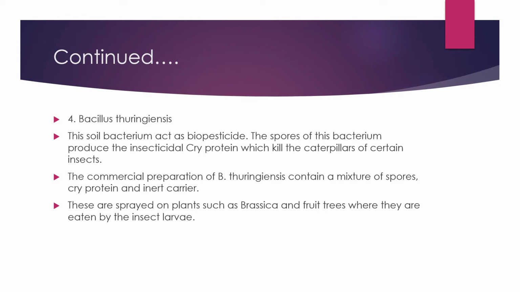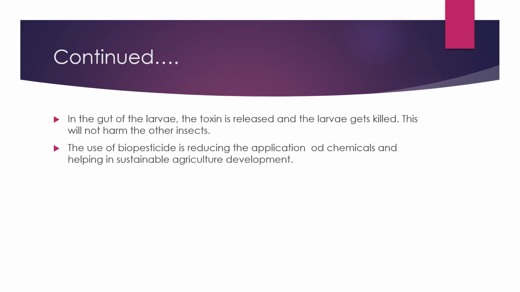Now we will know more about Bacillus thuringiensis. What happens when we spray that solution mixture on the crop? The larvae which are growing on the plants consume these spores, and in the gut of those larvae the toxin is released and the larva gets killed.